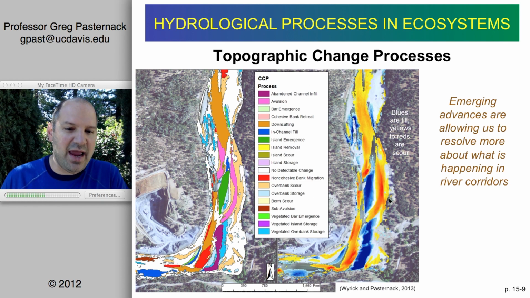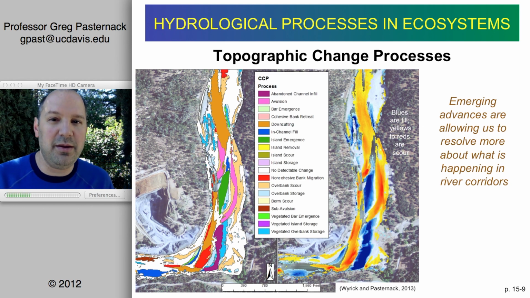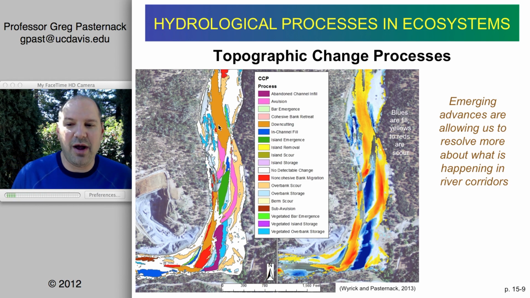The map on the right shows the amount of scour and fill. Scour is shown in the colors of yellow, orange, and red, where the more red it is, the more scour has occurred. And then the shades of blue indicate fill, or deposition, with the darker blue being more deposition.